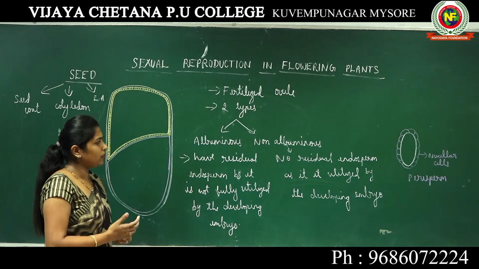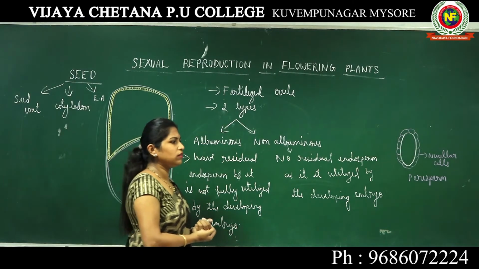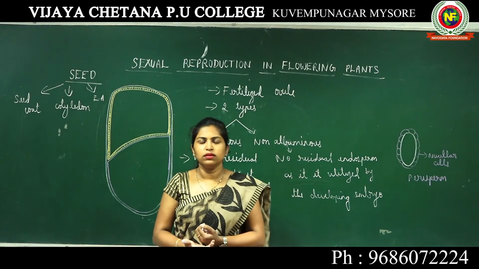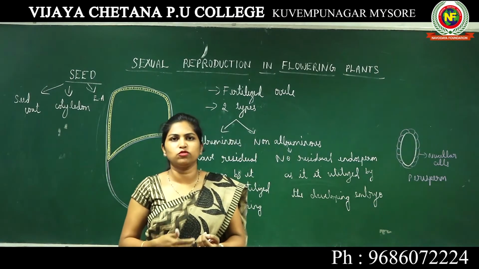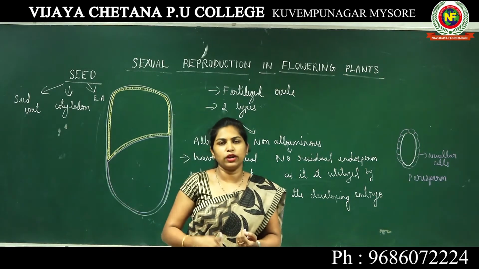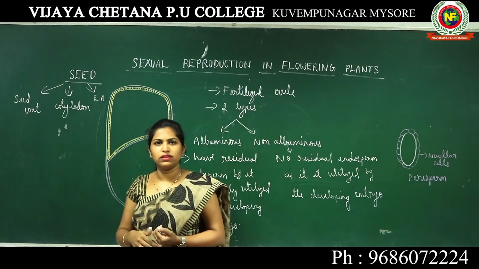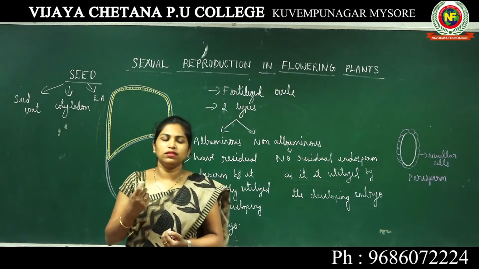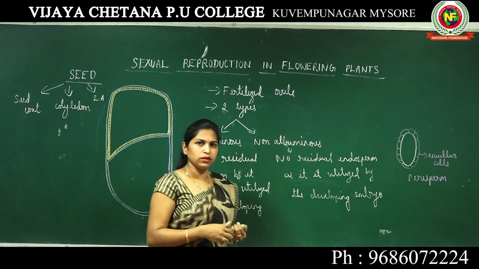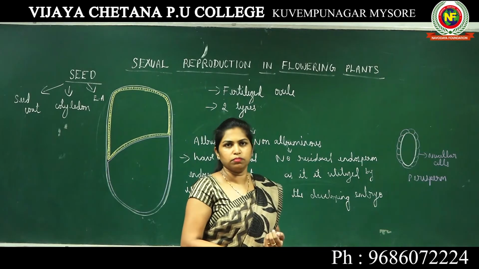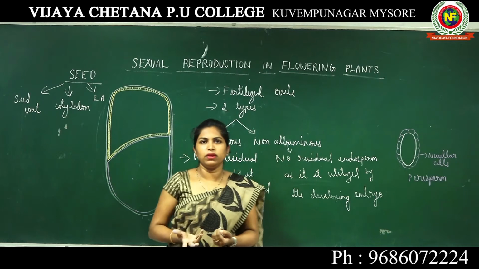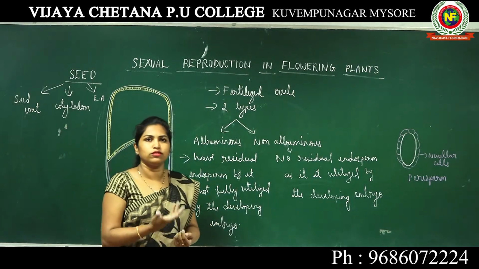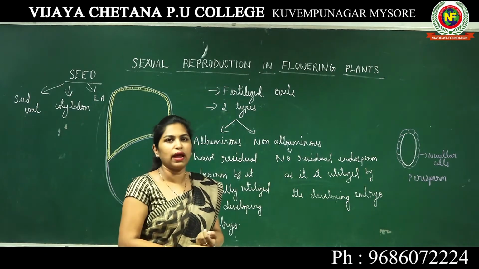Now, we should know that when the seed is maturing, the water content present inside the seed keeps reducing. It reduces and the seed becomes very dry. Only when the seed gets proper water and favorable conditions does it germinate, and the embryo present inside the seed gives rise to a new plant.